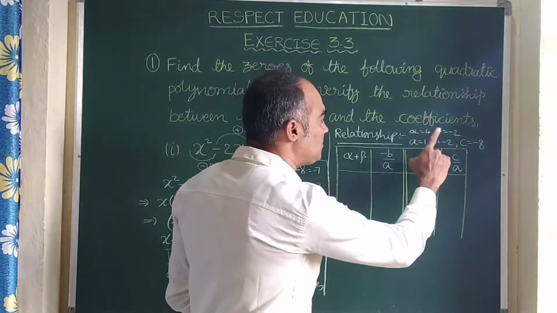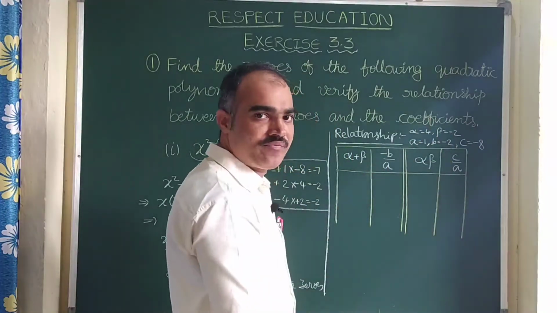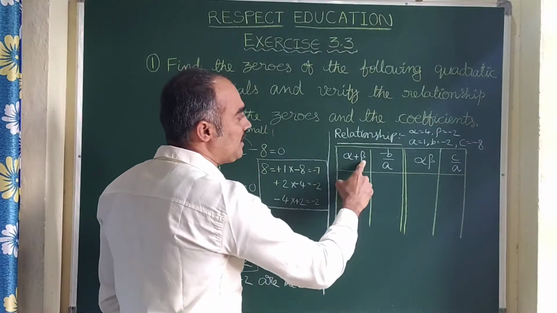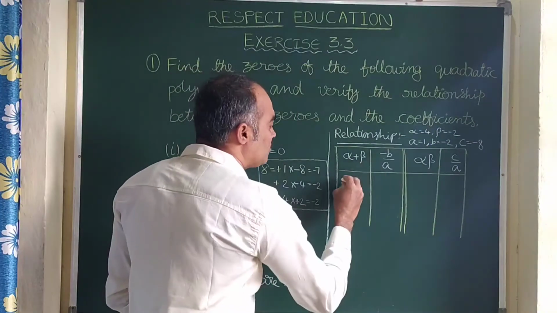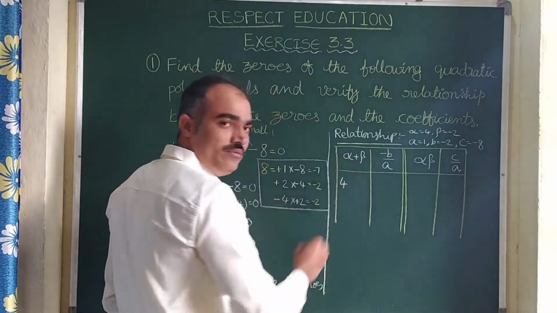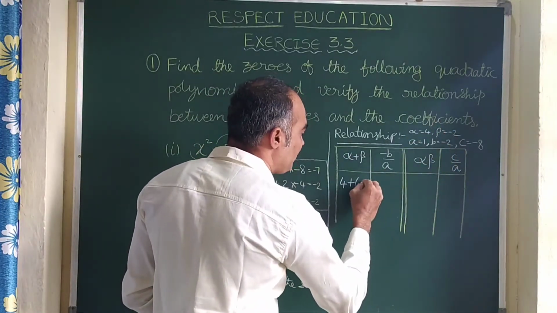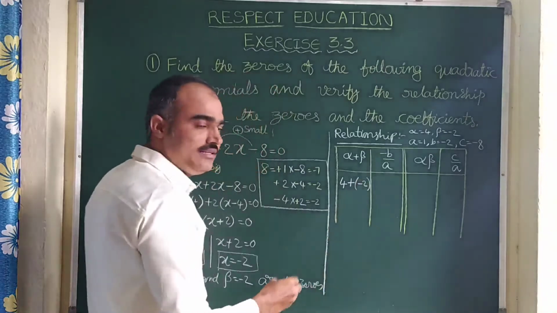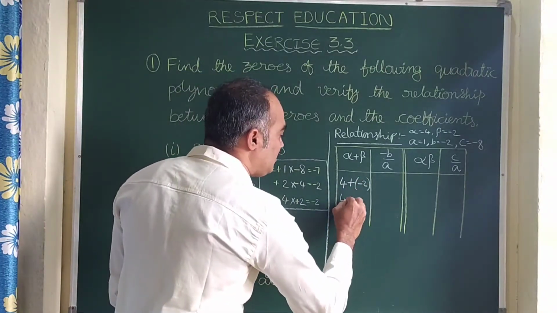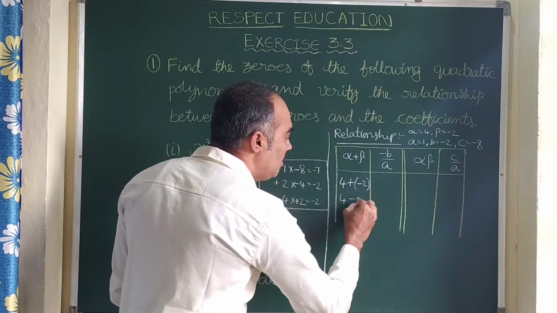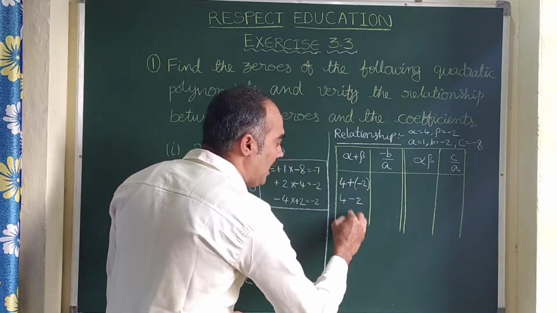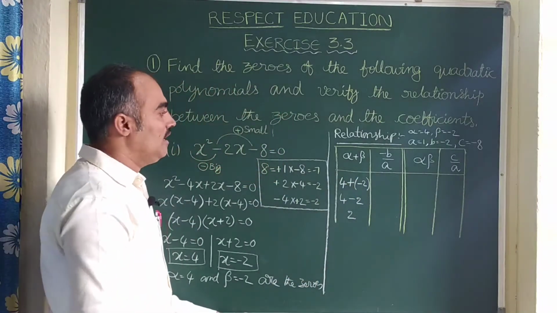Now I am going to substitute these values here. First, alpha plus beta. Here alpha is how much? 4. So I am writing alpha as it is, 4, plus beta, beta is minus 2. Right? So 4, let us write as it is, plus into minus is minus, so 4 minus 2 is 2. I get here 2.